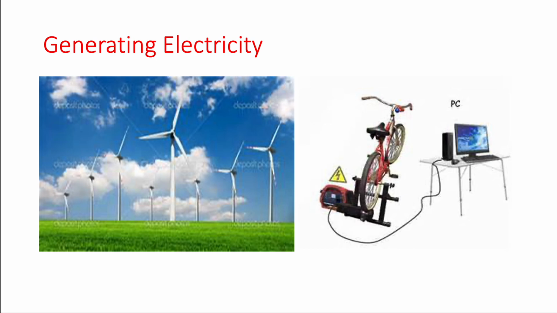Hopefully you can see that generator is the key idea behind our generation in something like a wind turbine, for example. It's exactly the same principle. It's simply the rotation of our coil inside a magnetic field, and that's something that we'll be looking at further in later lessons. As ever, if you've got any questions, please do let me know.